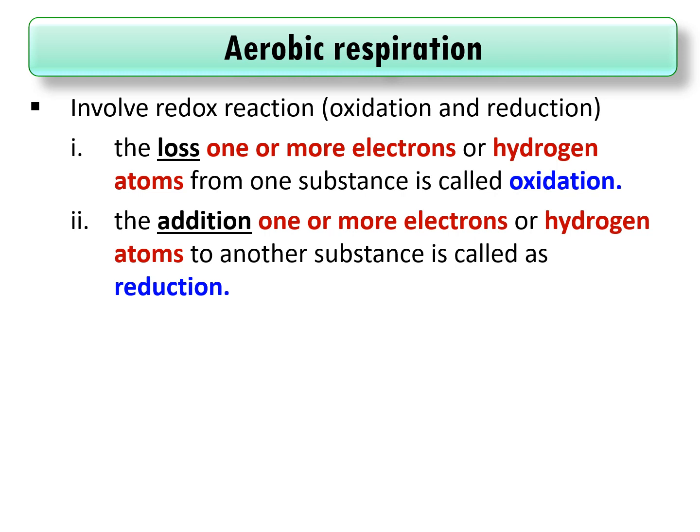So how to memorize? You must remember this acronym, OIL RIG. O stands for oxidation, I for is, L for loss, R for reduction, another I for is, and G for gain.